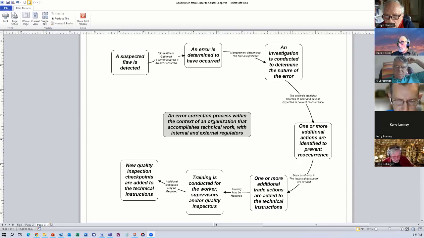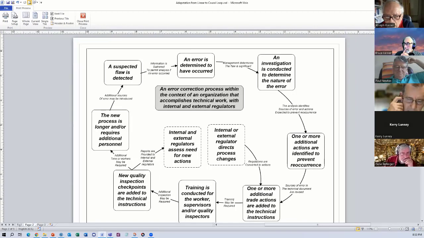And I'll shift to the other version of this picture. Excuse me for losing my mouse. There we go. Initially, we're just going to add one step.